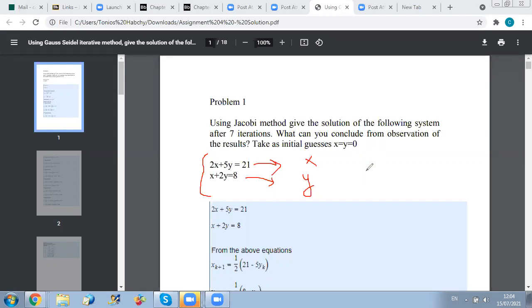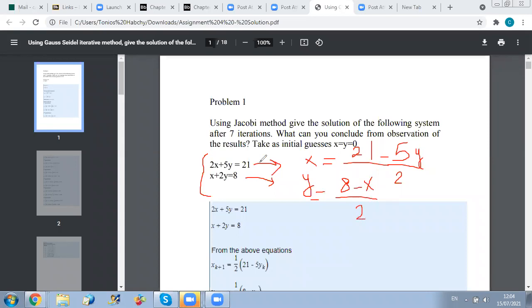So now, from the first equation, we can write that x is equal to (21 minus 5y) over 2. And from the second equation, we can write that y is equal to (8 minus x) over 2.